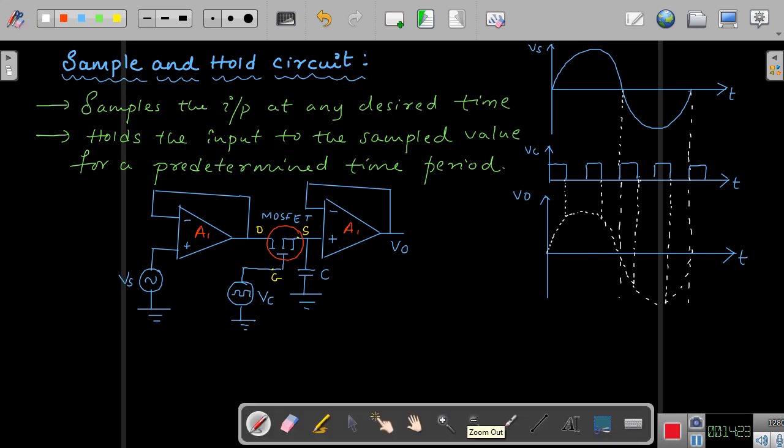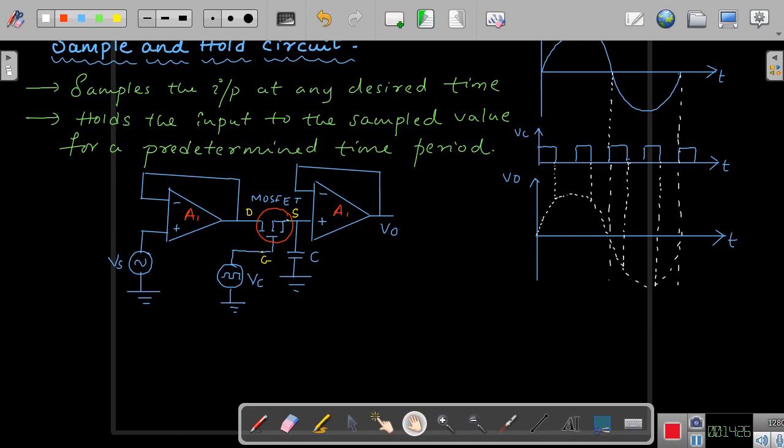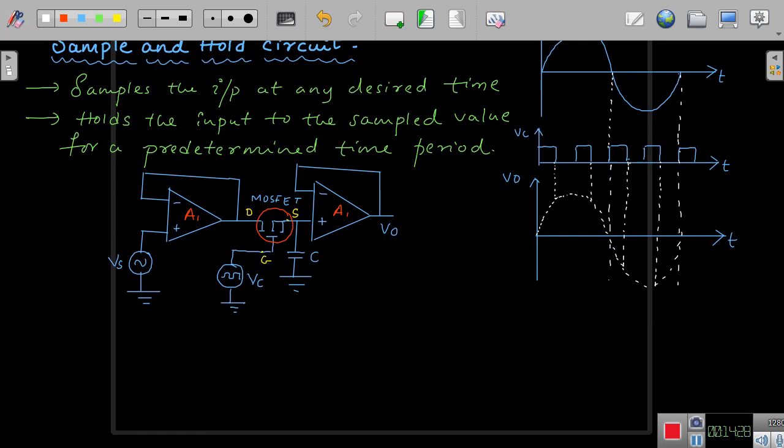Okay, so now you can see you have got two voltage followers here. One is the first one, that is A1. Whatever input you give here, the output is the same as the input. So virtually, at this instant, whatever I am marking here happens to be my actual input in this particular circuit.